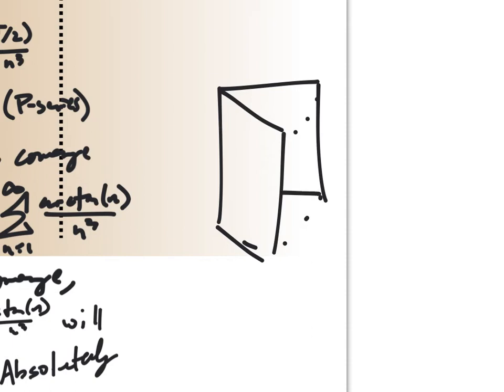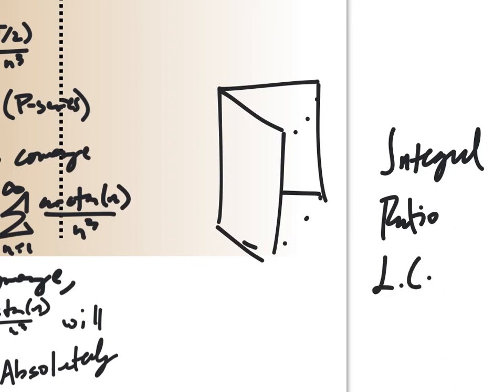So you've got your integral test, ratio test, limit comparison test, normal comparison test, any means possible. If it's a geometric series, anything like that, it opens the door to convergence.